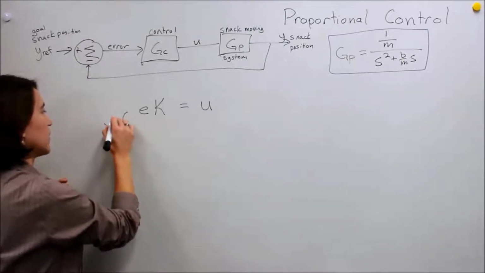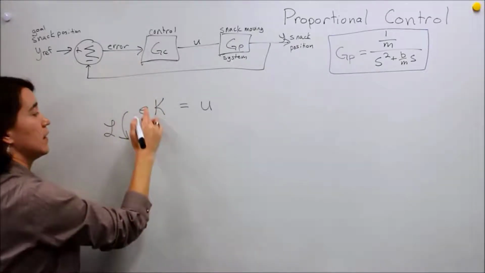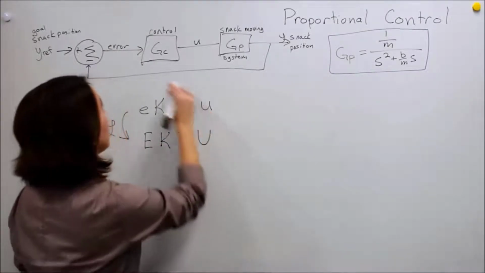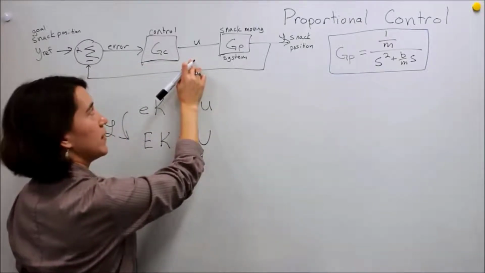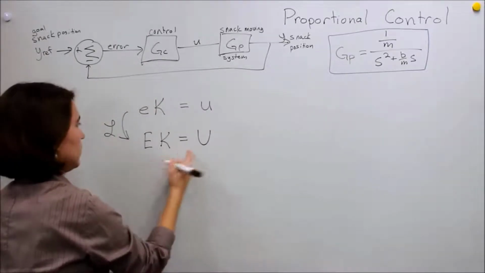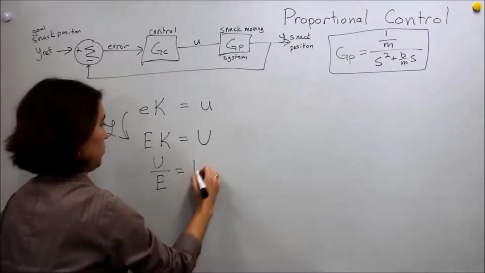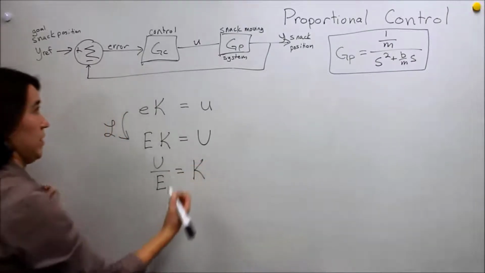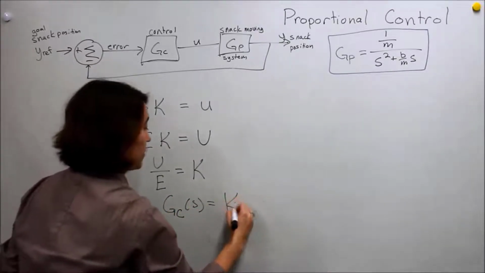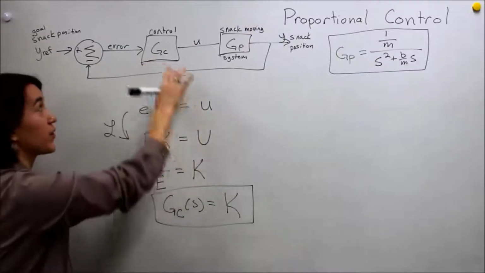If we take the Laplace transform of this, error e becomes capital E. We have a coefficient of K, and that equals U. For this system, our output is U and our input is E, so what we want is U over E. We can move this over, so U over E is equal to just K. In short, our transfer function for our control is just equal to K. It's very simple. So this is our transfer function for proportional control.